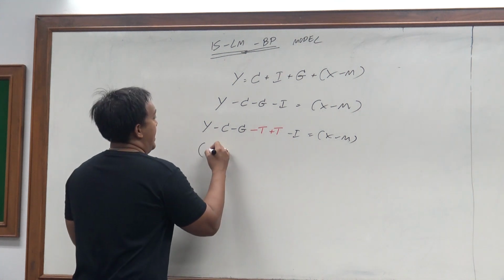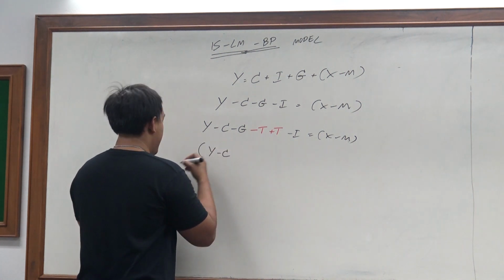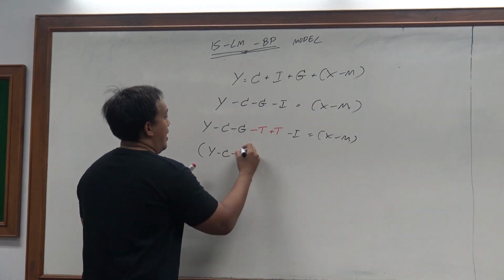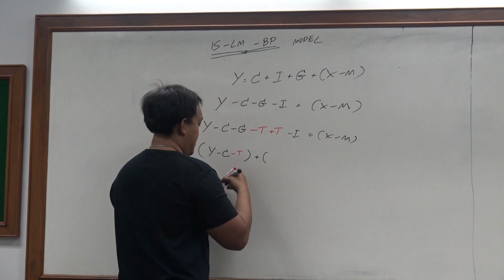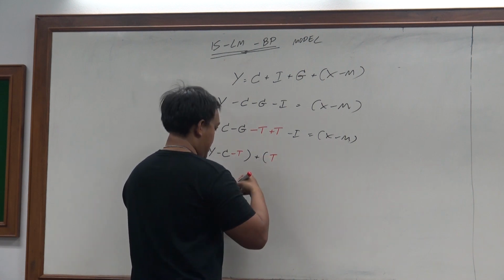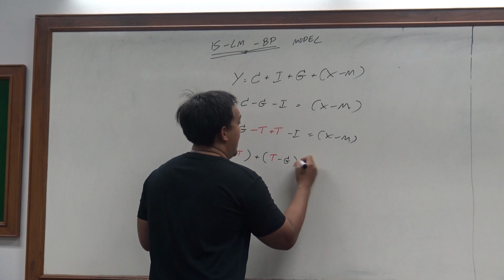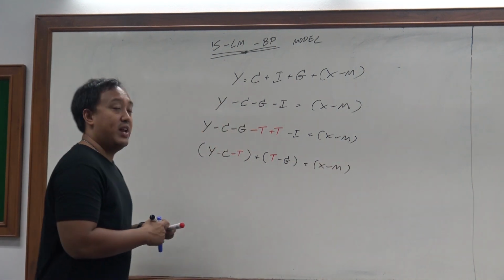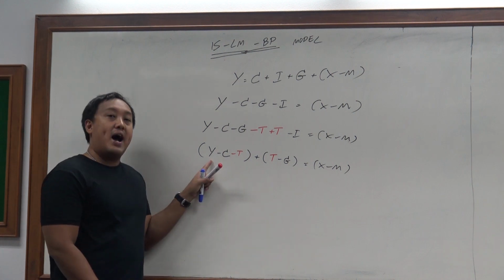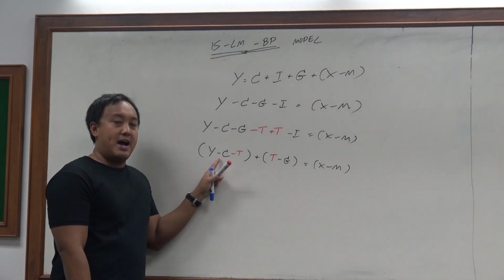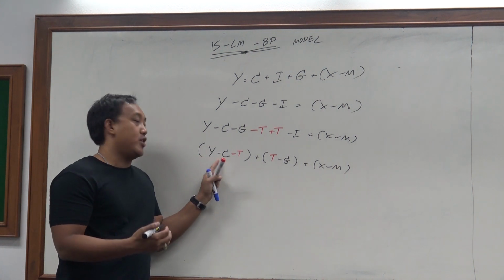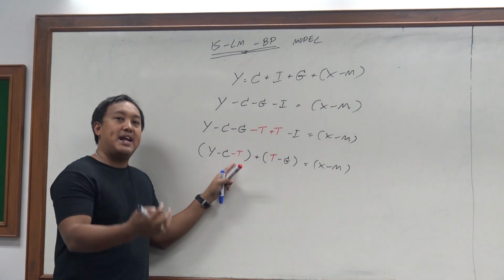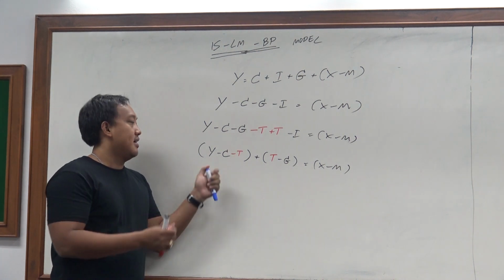So then I got y minus c minus t, one bracket, plus t minus g, the other bracket, equals x minus m. As we learned before, y is income, minus consumption, minus tax.